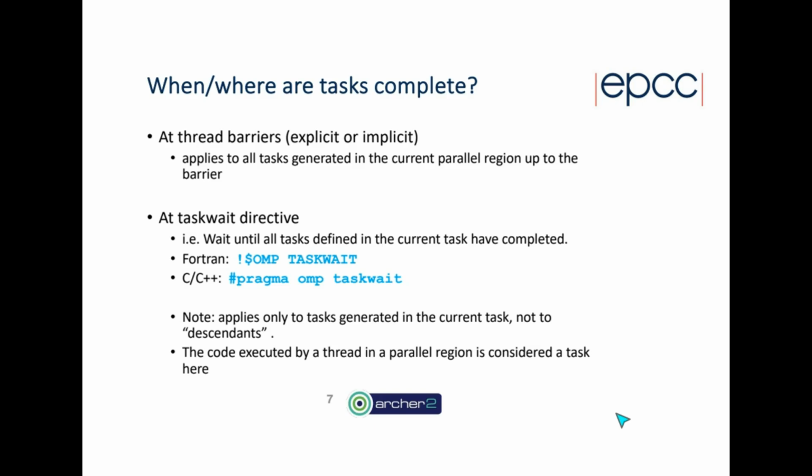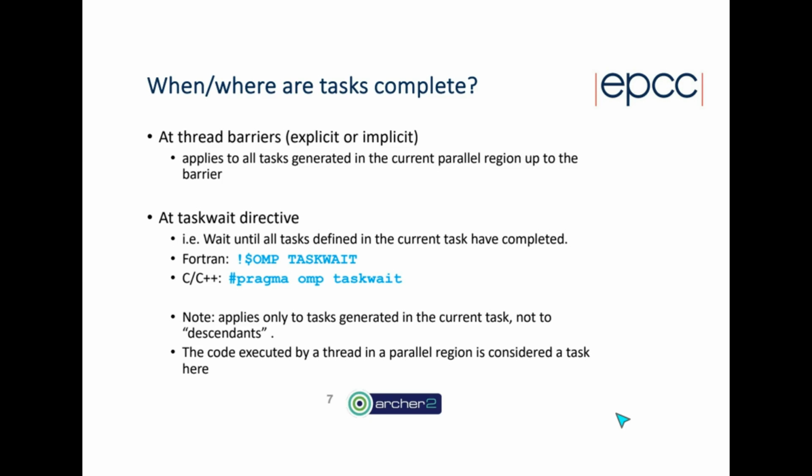It's one of these standalone directives that doesn't have any code associated with them. And it's what's called a shallow wait. So in the case where we have nested tasks, it applies only to tasks generated in the current task and not to any subsequent descendants. So it only waits for the immediate children tasks of the current task.